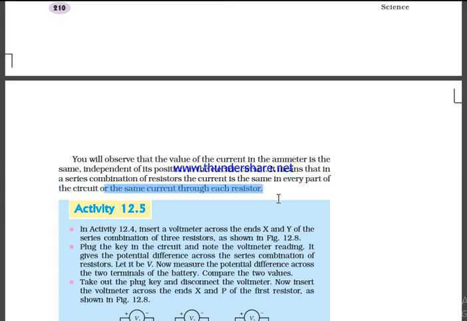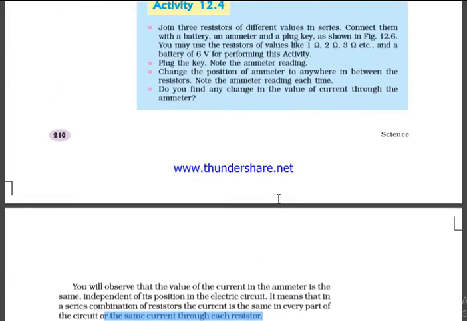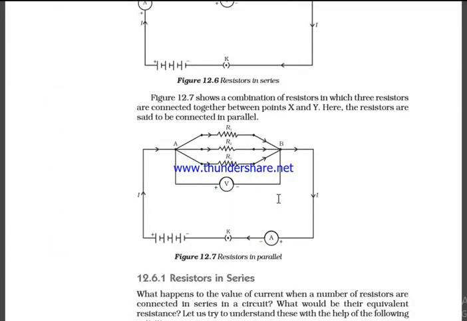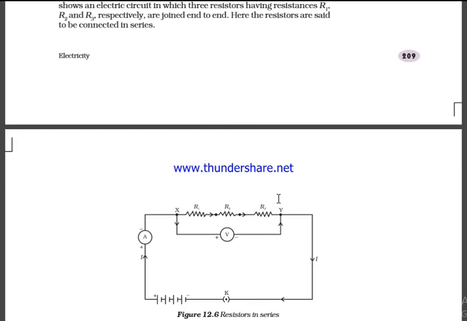In series combination, the same current will be passing through each resistor. Just look at this diagram. As we have seen, current flows from the positive terminal to the negative terminal. As it reaches this point, there are no alternative ways. The current has to pass through R1, R2 and R3, so the same amount of current will be passing through all these resistors.